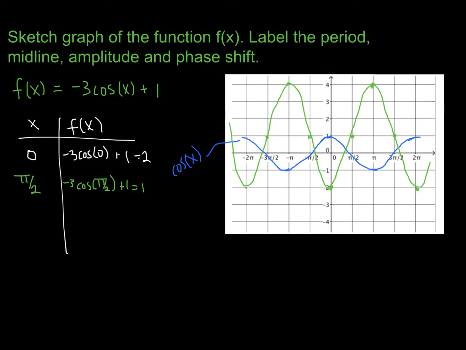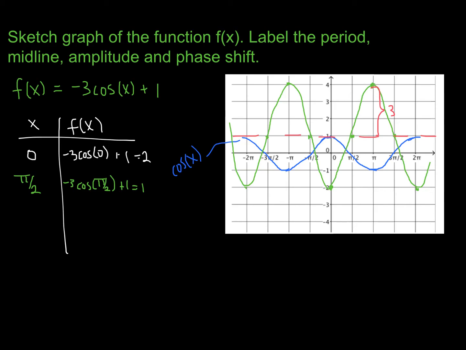So you'll notice that we should have a midline of y equals 1, and sure enough, I have a midline of y equals 1. So there is the midline, and I'll label that. And then I also see that I should have an amplitude of 3, and that means that the distance from the maximum to the midline should be 3, and sure enough, that distance there is 3.